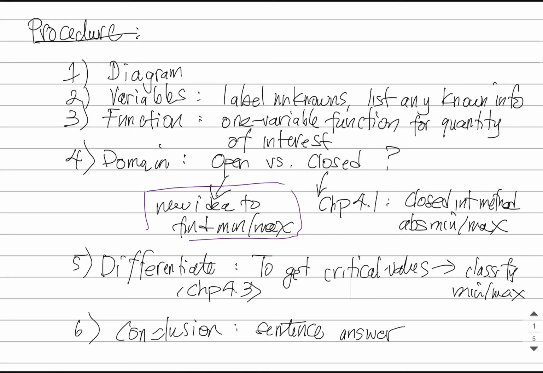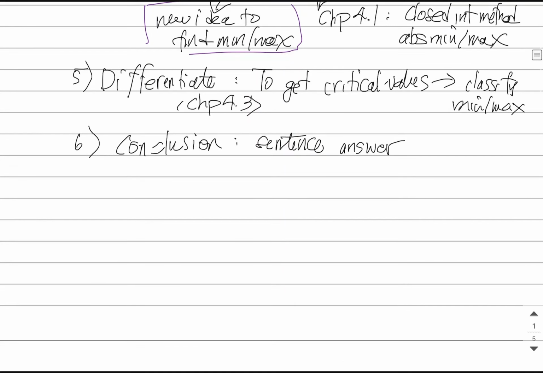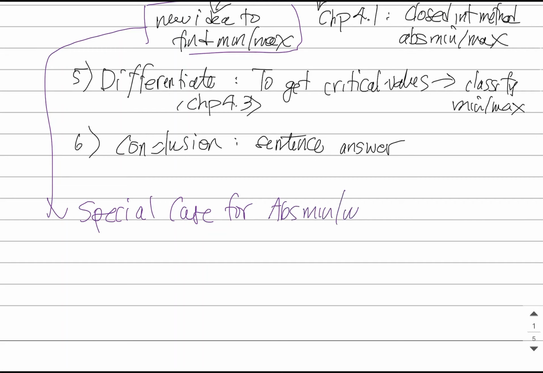I mentioned up here that if you have a problem with an open interval, you may need to do something different. So I'll briefly talk about that here. We are going to be talking about a special case of finding absolute minima and maxima. And this is going to be just an extension of the first derivative test on open intervals.